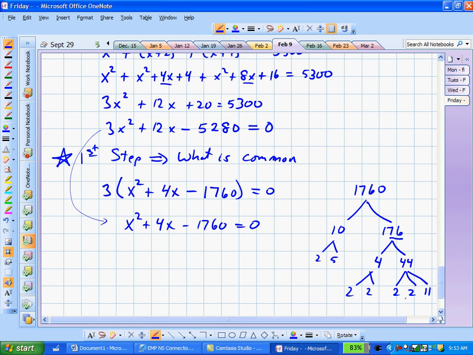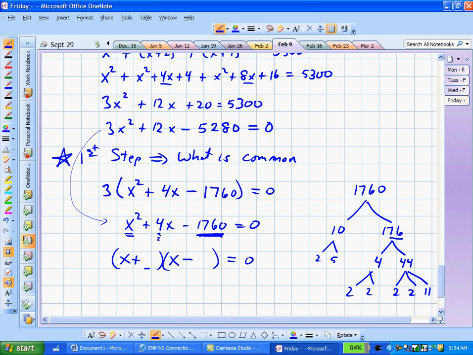So now here's where it gets interesting. Here's where you have to use your brain. This 1760 is negative. So the signs are going to be positive and negative, right? In order to get x squared, I have to have an x and an x. Now, when you think about 1760, it's a pretty big number when you compare it with little 4, right?